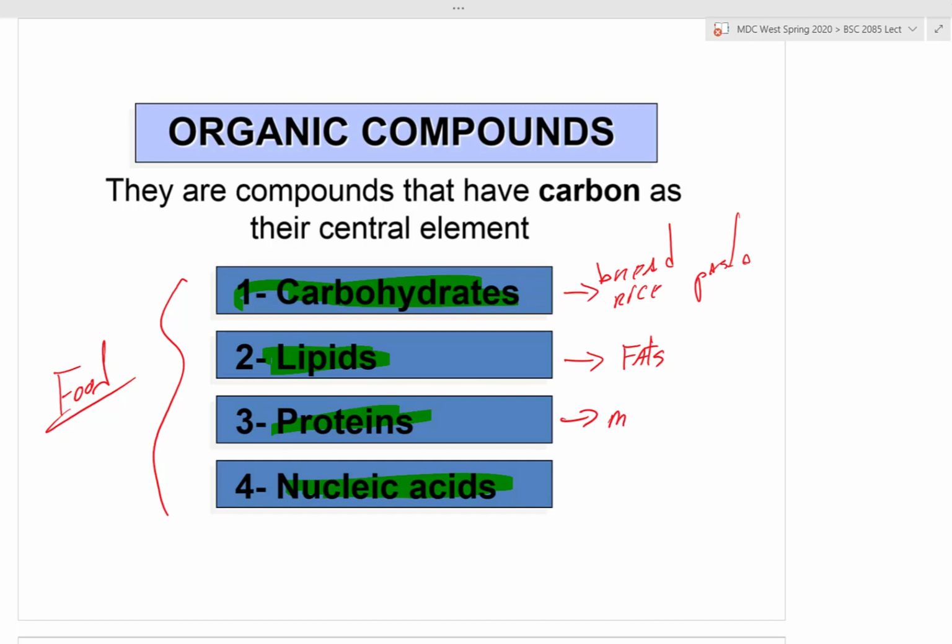All right, so proteins: muscle, nuts, beans. Yeah, it's a small amount, but you find it there. Nucleic acids, DNA. Well, which things have DNA?